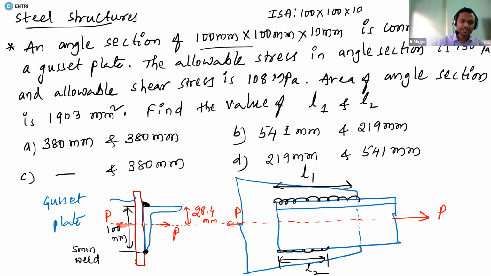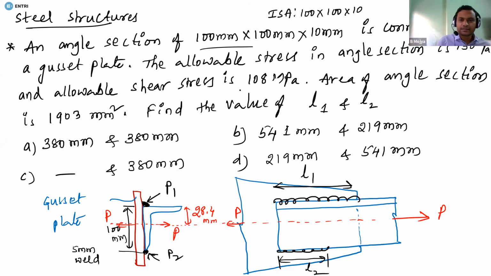That means you need to know how much load is acting on this weld, let us say P1, and how much load is acting on this weld, P2. Since welding is done on two sides, each side will have a force acting on the weld. So by knowing P1 and P2, you can determine the length L1 and length L2.